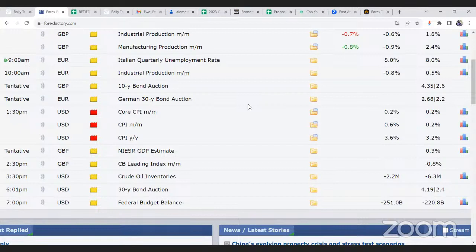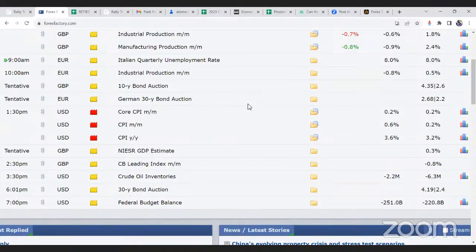We always say that when you see a red folder like this, it informs you that it is a high impact data. So we have three high impact data coming out. What do they mean? How can we use them to our advantage? As you can see, they'll be coming out by 1:30 p.m. So how can we use this data to our advantage in the next 20 something minutes?